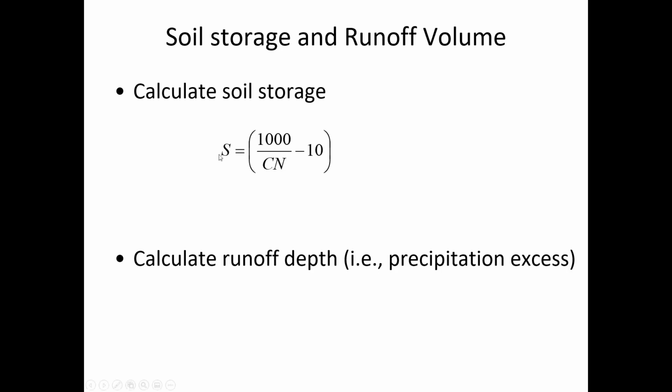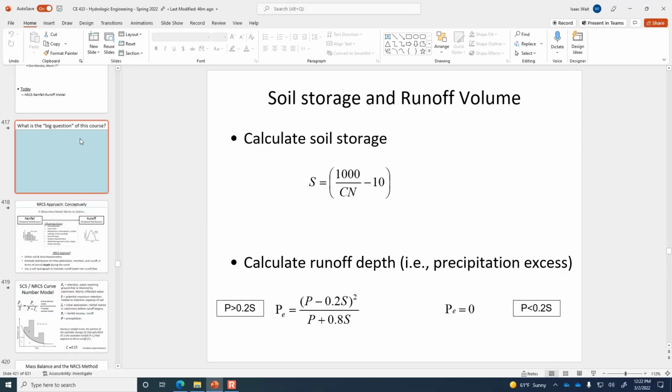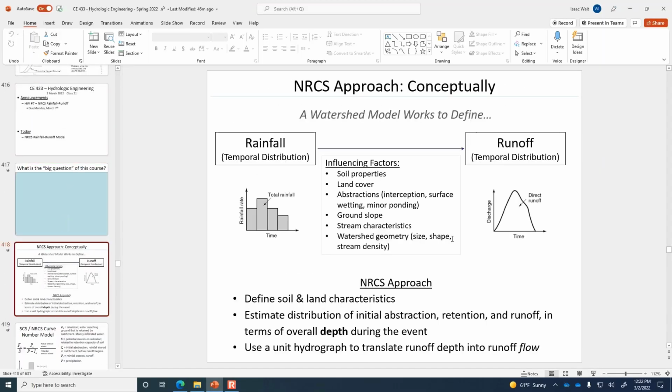Now, S, storage. Initial abstraction, remember, according to the NRCS method, is 20% of the storage. And they say that there's something called a curve number. CN stands for curve number. We'll look at a table of curve number values, and you'll see how the curve numbers themselves address these factors: soil properties, land cover, ground slope, stream characteristics.